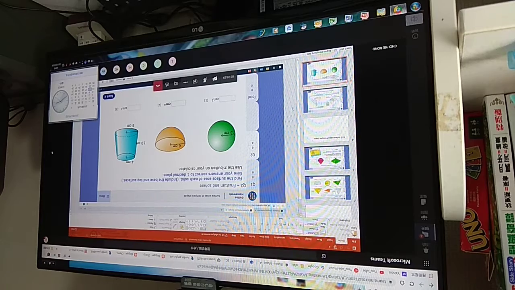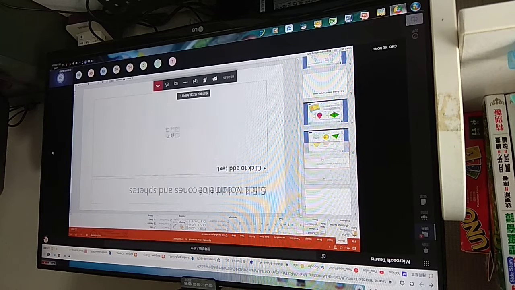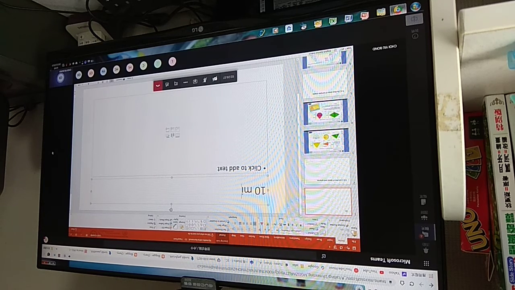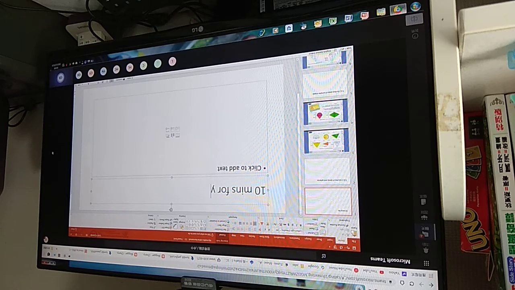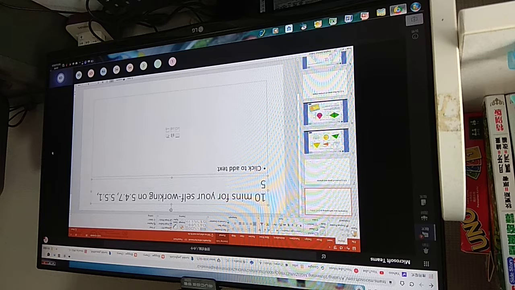So I give you 10 minutes to work on those 3 exercises: 5.4.7, 5.5.1, and 5.5.2. Because in those exercises we have no new concept, so you can use the concepts that you have learned from the previous chapter to complete the exercises.